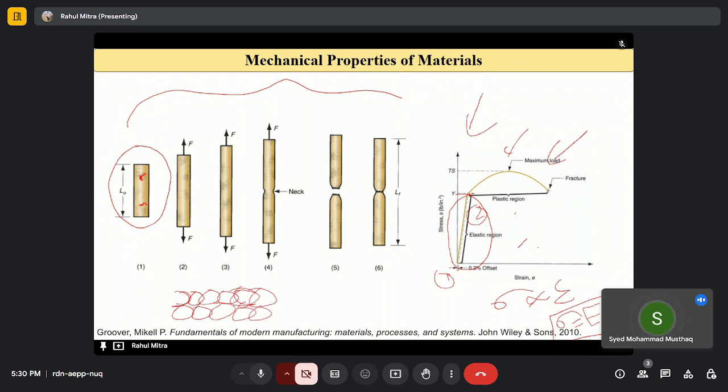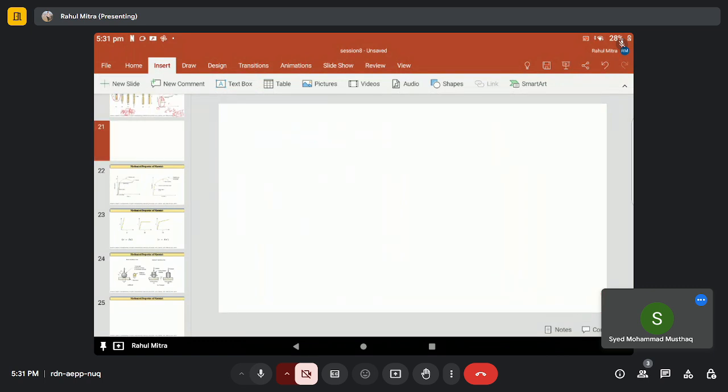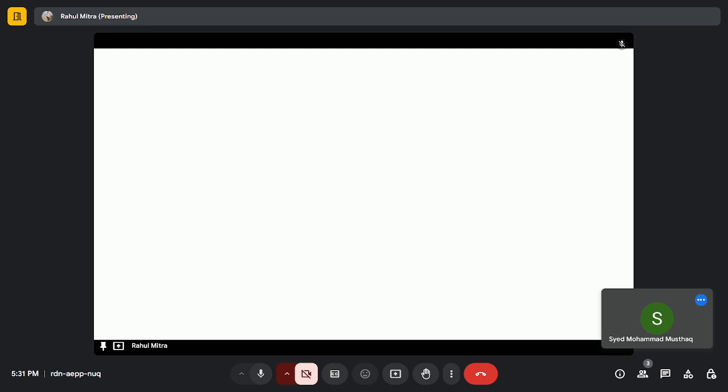If I try to define a relationship, because we are applying shear stress, tau will be the force being applied, tau equals tau max sine 2 pi x by b.